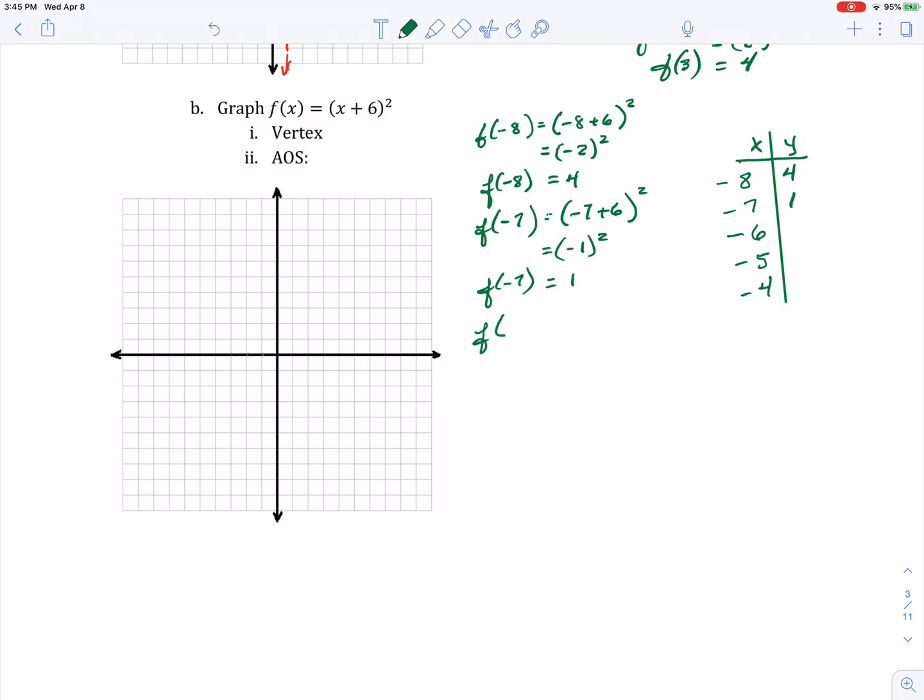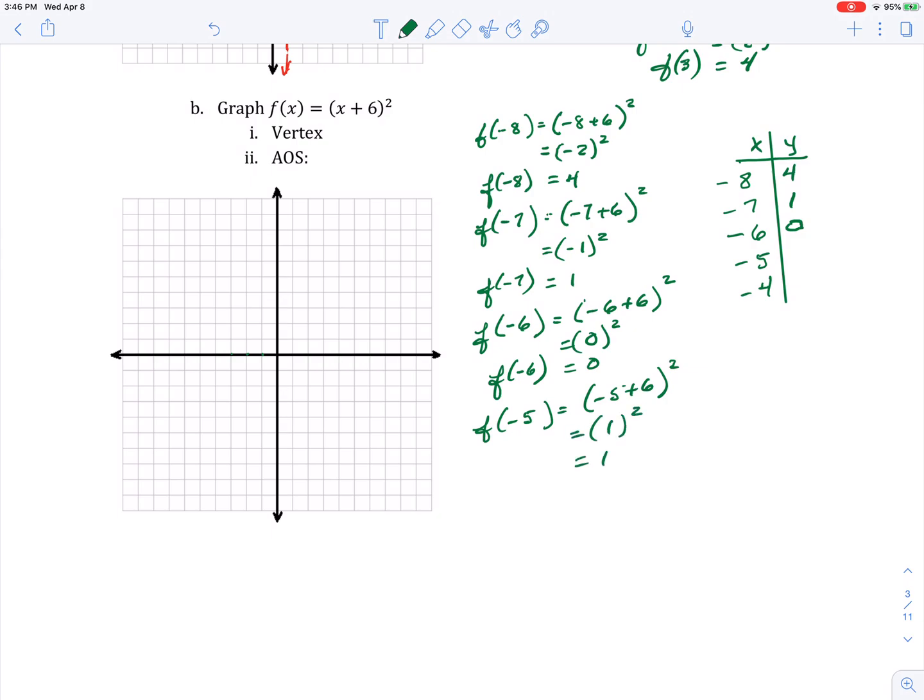When x is negative 6, y is 0. When x is negative 5, and here's where you start to see the symmetry, y is 1.